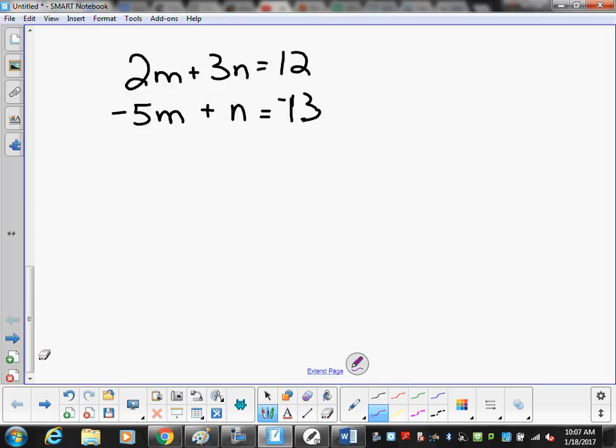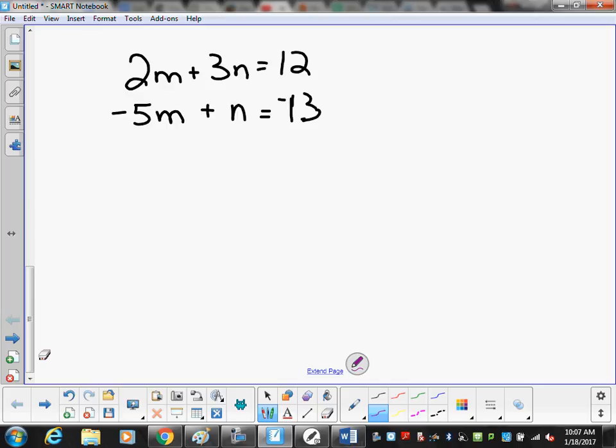No. Okay, so the way to get that now is step 2, which says you need to multiply either one or both equations by a constant. A constant is just a number, to get opposite coefficients.